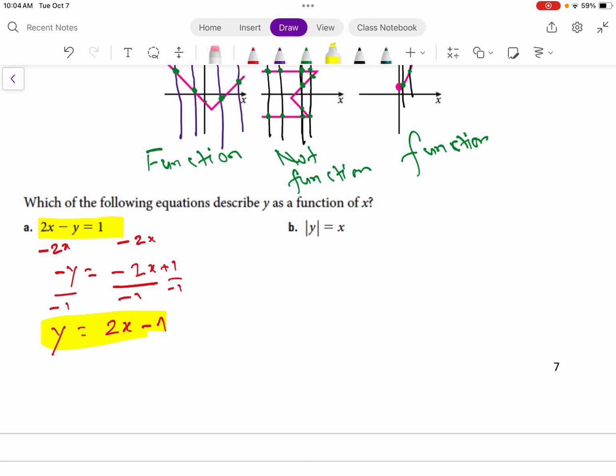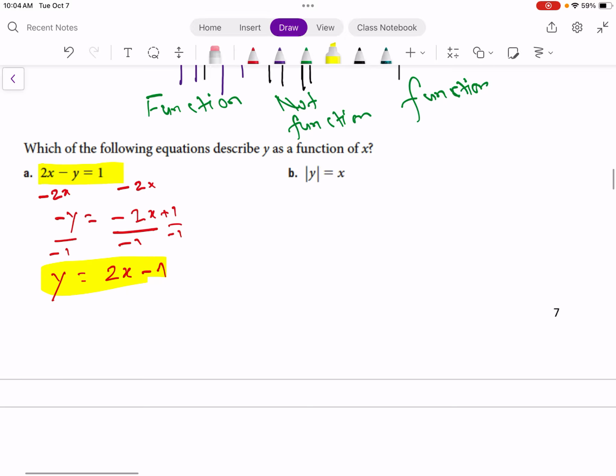If you choose any real number for x, since this is linear, is it possible to get two different values of y? No, right? And because of that, this equation describes a function. So if every value of x has exactly one value of y, then that is a function. For every value of x, we get exactly one value of y.